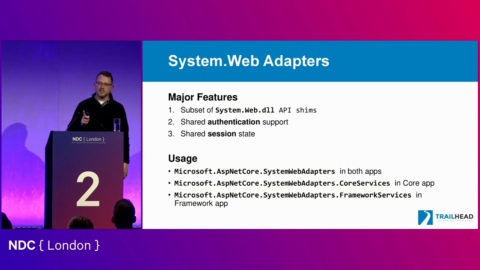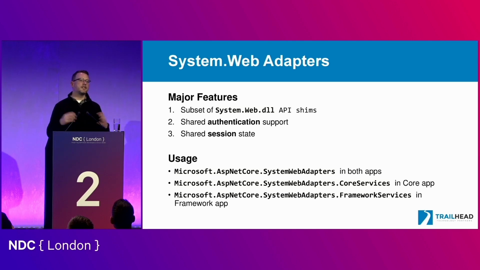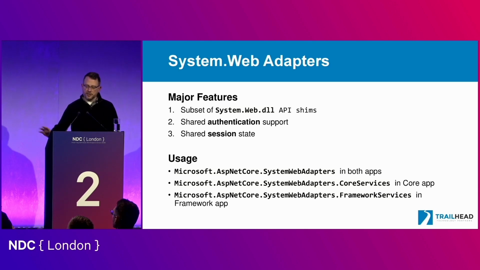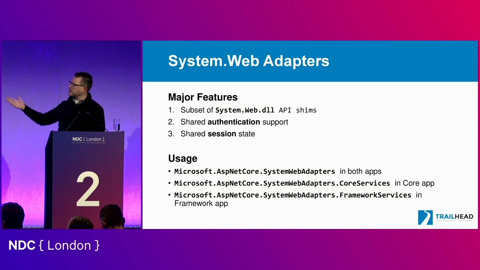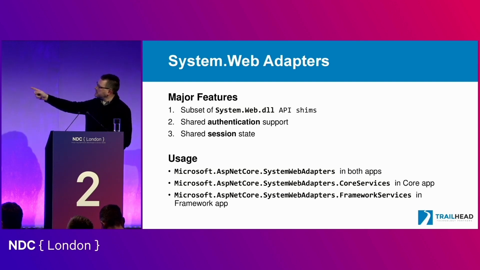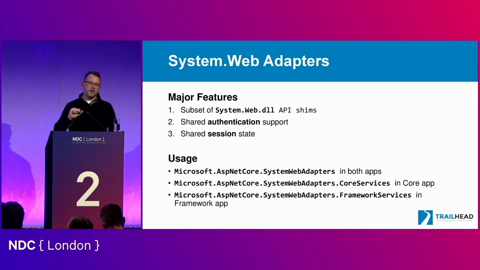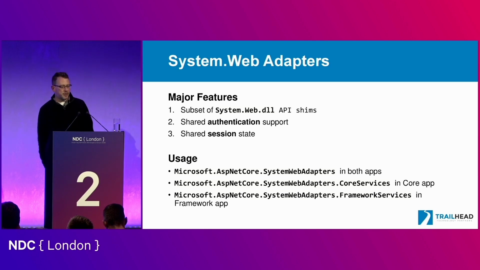The second thing it does for you is it gives you the opportunity for your two applications to talk to each other a little bit with things like session state and authentication. So there's three different libraries: one that you would use for both sides, the System.Web adapters namespace; the core services one, which goes on ASP.NET Core applications only; and the framework services one, which goes on the framework side.